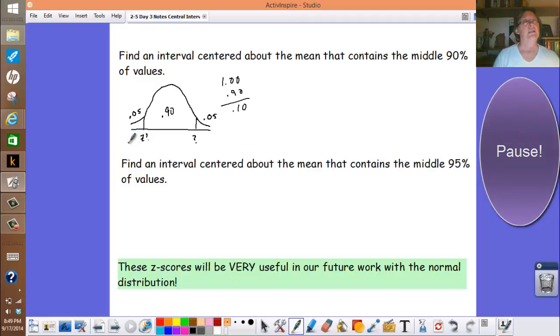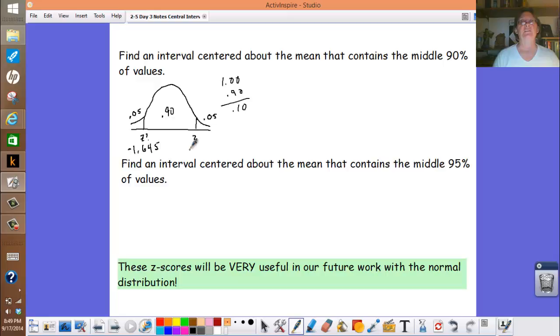So will you pause the video and do that? That happened right on a boundary. The z-score that does that 5% underneath is exactly halfway between -1.64 and -1.65. So -1.645.